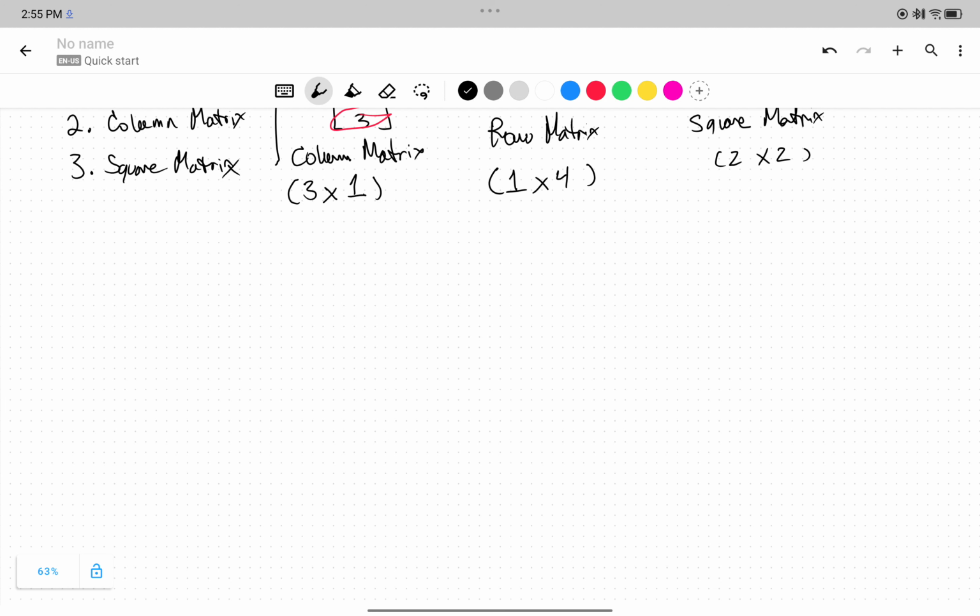Now, the first operation is adding and subtracting. The good news is we can do them together at the same time. Let's do a mini definition: how to add, and we said we do it at the same time, subtract.